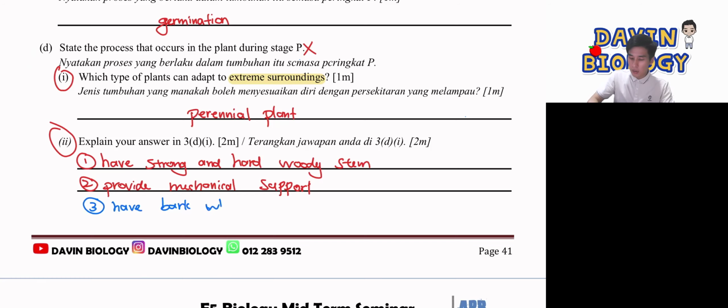Then you can say how the bark protects them from extreme surroundings. So you talk about the weather more than insects biting them. When it's too hot, the bark prevents water loss, which is waterproof, to reduce water loss.